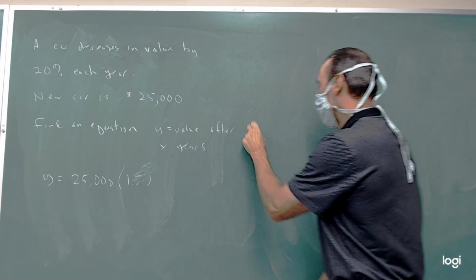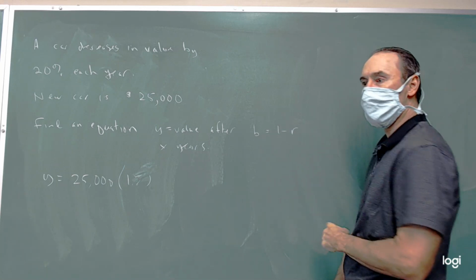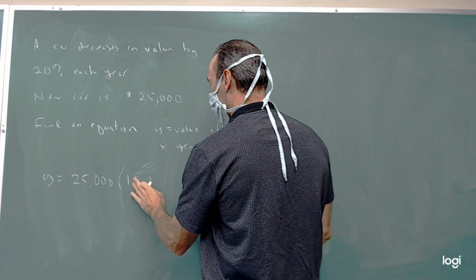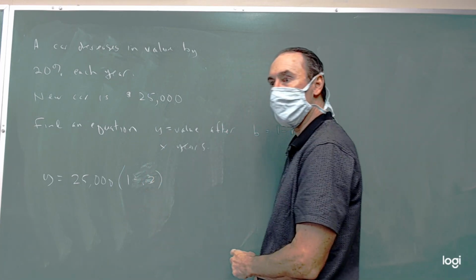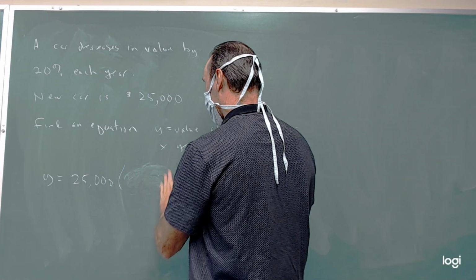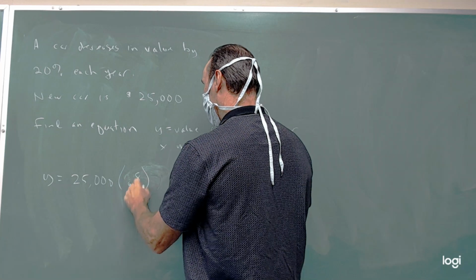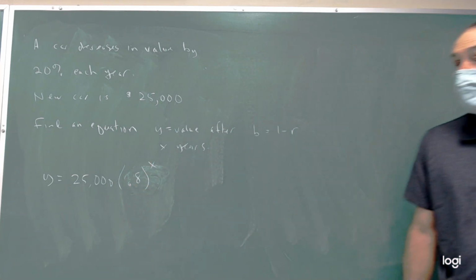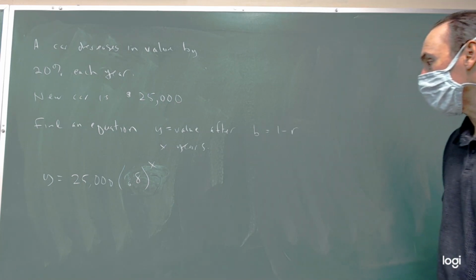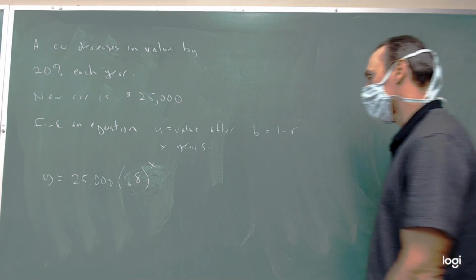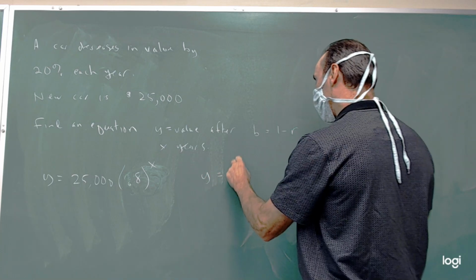But our b in this case, because it's decreasing, is going to be a 1 minus r. So we take 1 minus 0.2, which is our 20%, or we can just call that 0.8. Does that make sense?